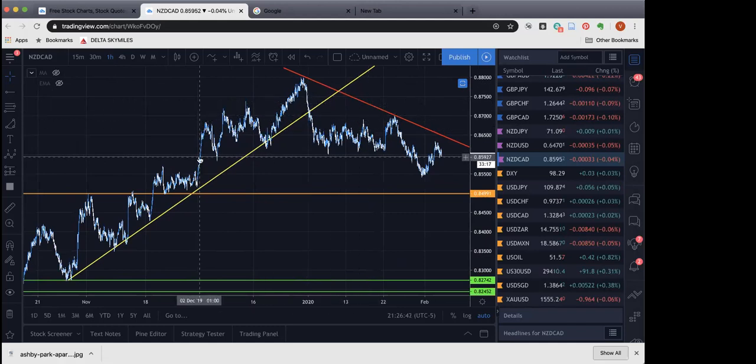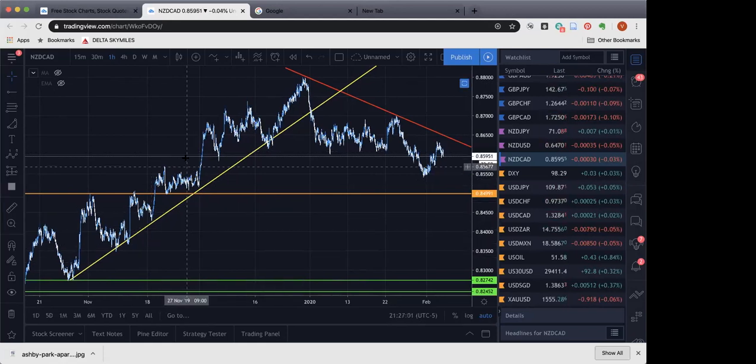There you go. You see this left shoulder. Actually, this right here would be considered the neckline right here.